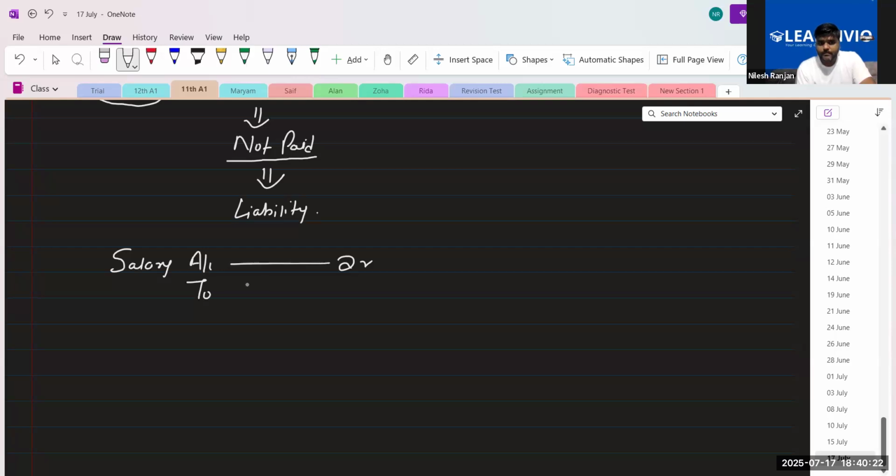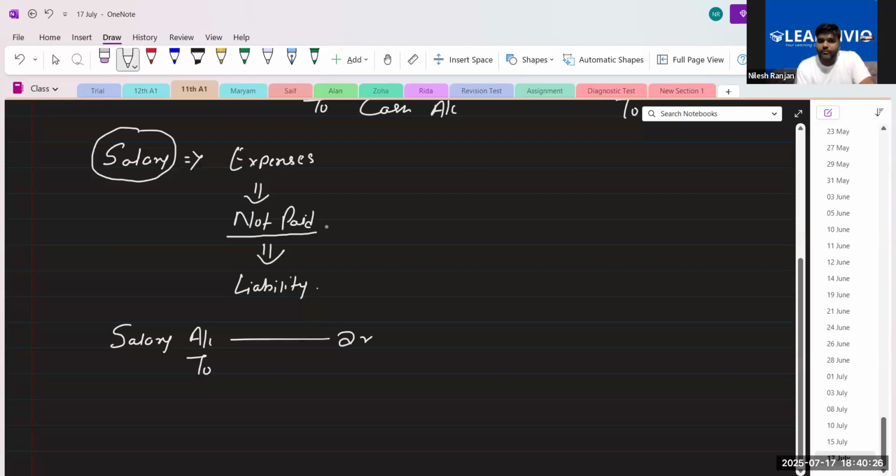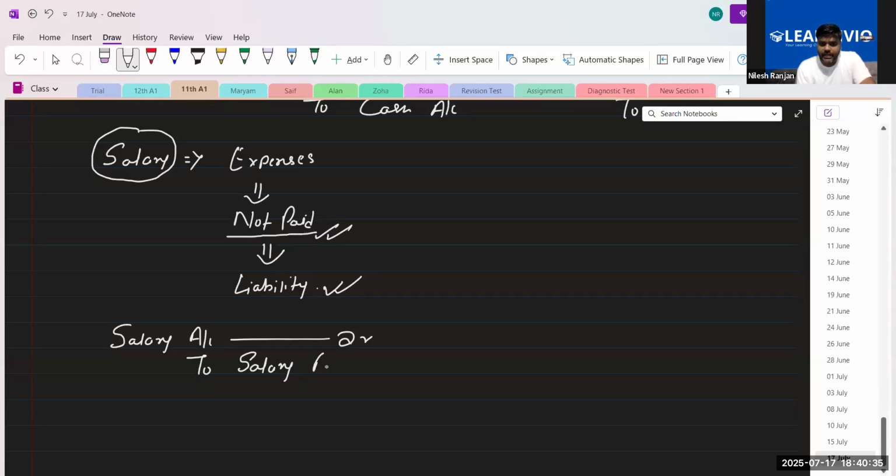Now here, the second item is created because we have not paid the salary, so it becomes a liability. So to salary payable or salary outstanding. So salary account debit to salary payable account.